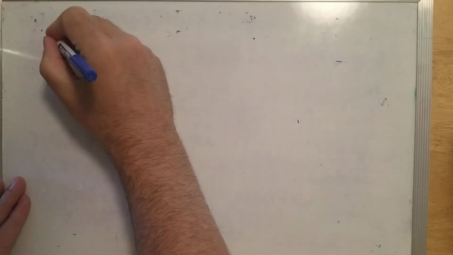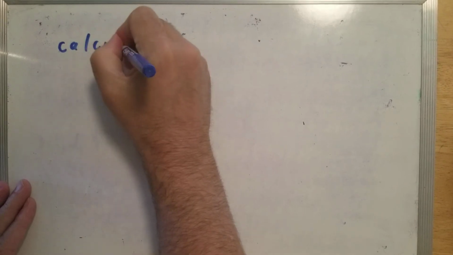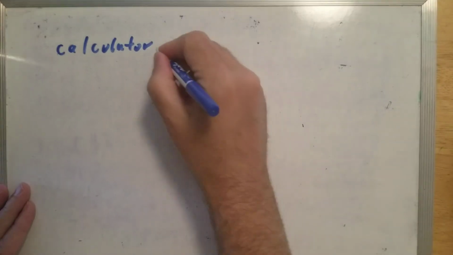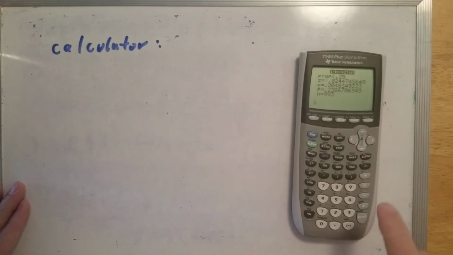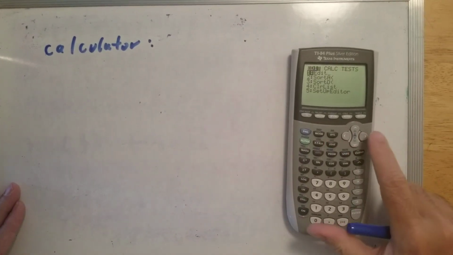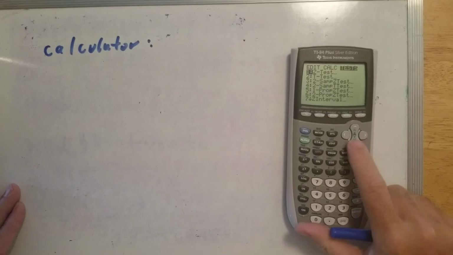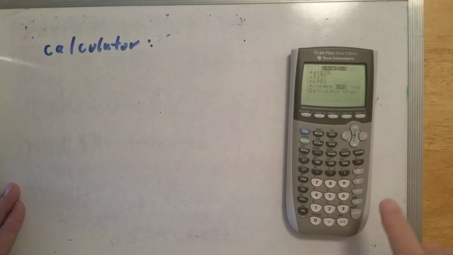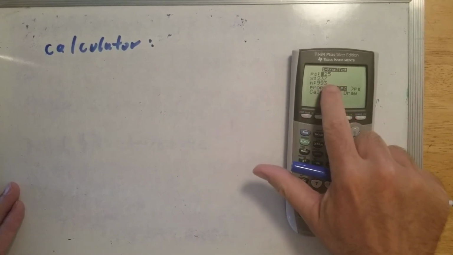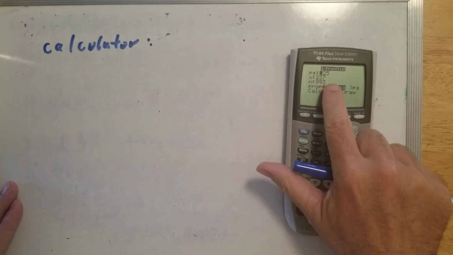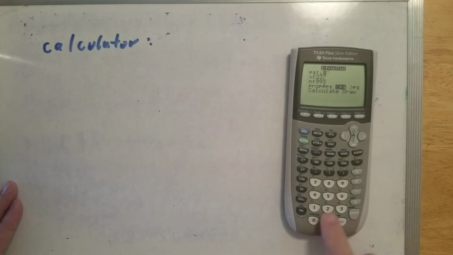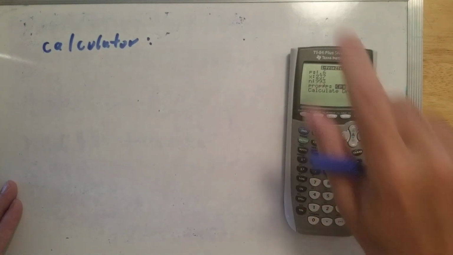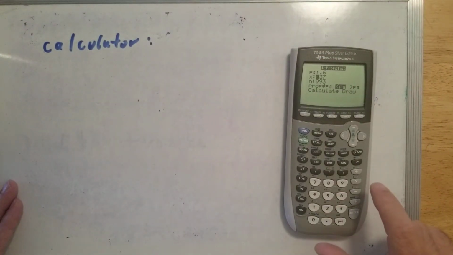On the calculator, I'm going to, again, stat tests, one prop z test, and now the p null, the p value from the null hypothesis is 0.6. The x and the n are the 586 out of 1038.